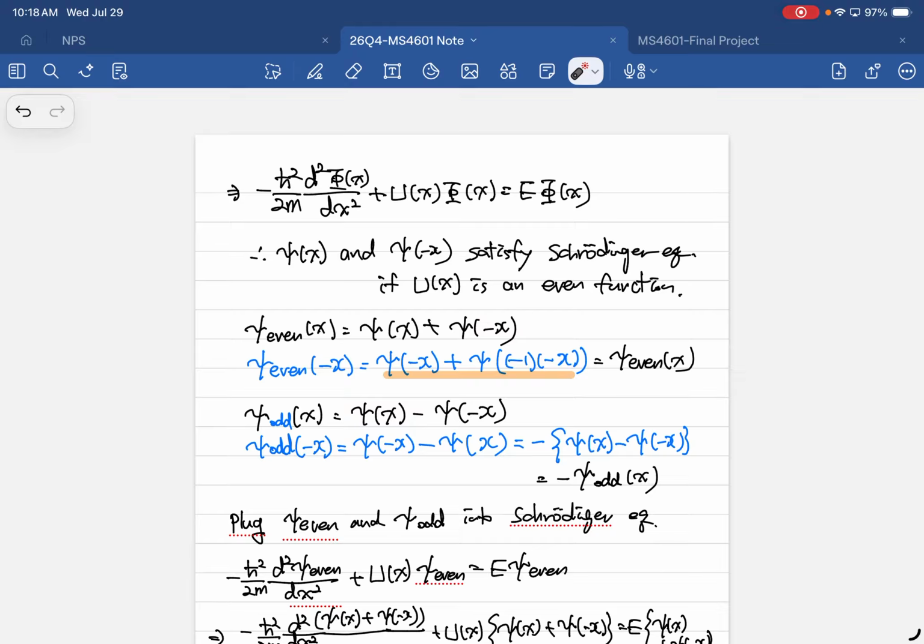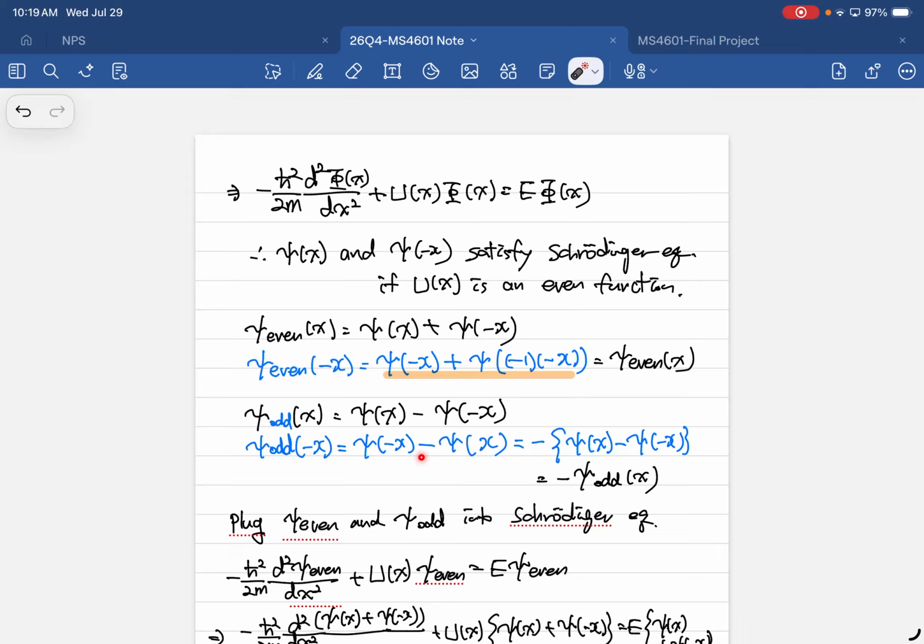Anyways, if we move on, if we now subtract psi of x minus psi of negative x, this is actually an odd function. We are going to prove that. How? Again, we replace x with negative x. So then this becomes psi of negative x, and this term becomes minus psi of x, right? Because we are replacing x with negative x.